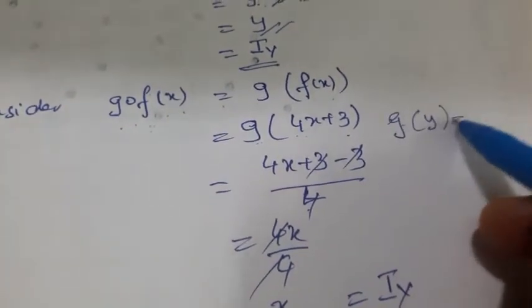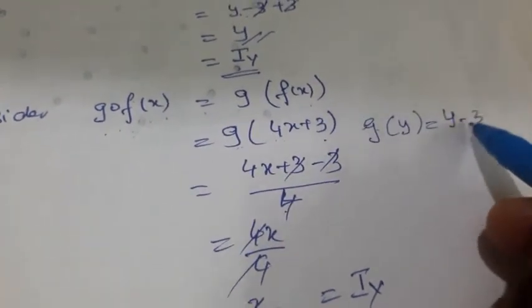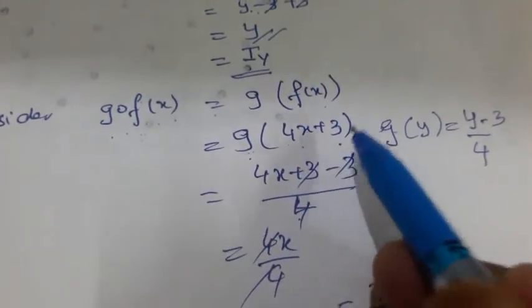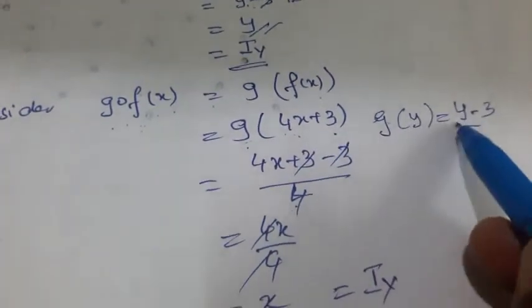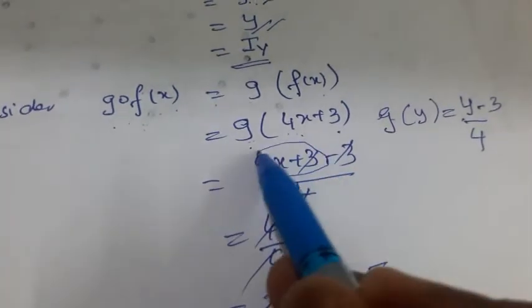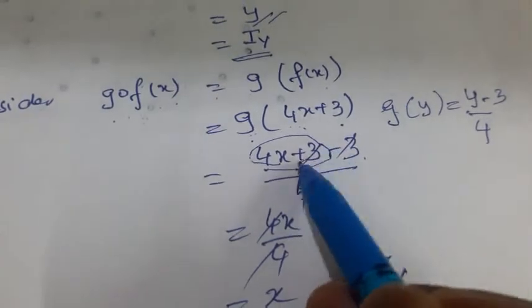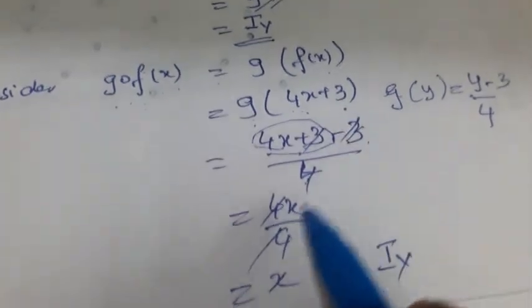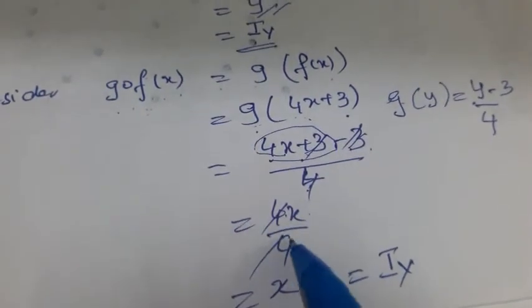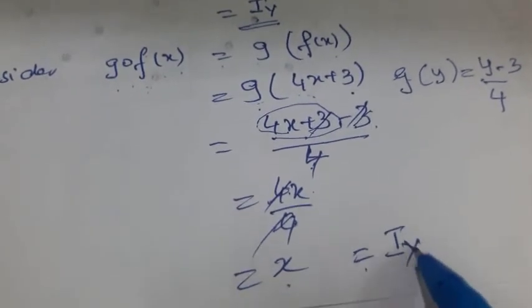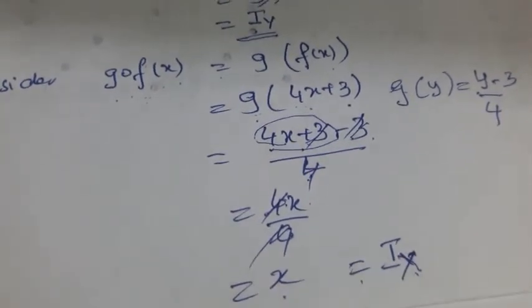G of y is equal to (y minus 3) by 4. What is g of 4x plus 3? Replace y by 4x plus 3, so (4x plus 3 minus 3) by 4. In the first step, 3 cancels, and you will get 4x by 4. 4 cancels, you will get x, which is the identity function over the set N.